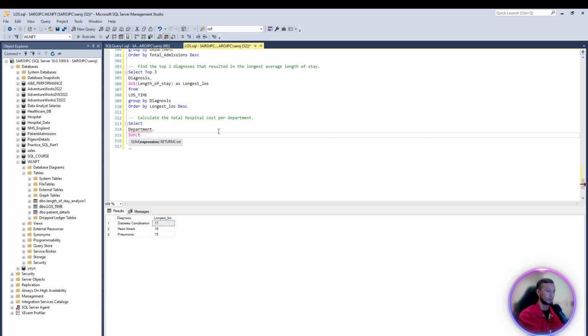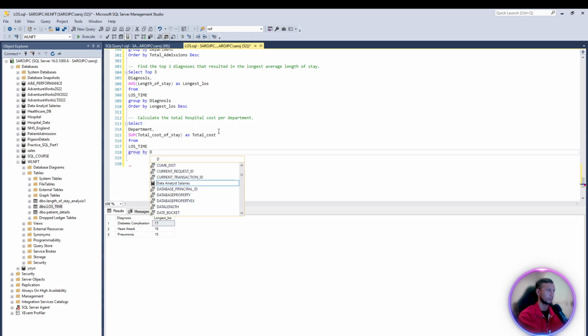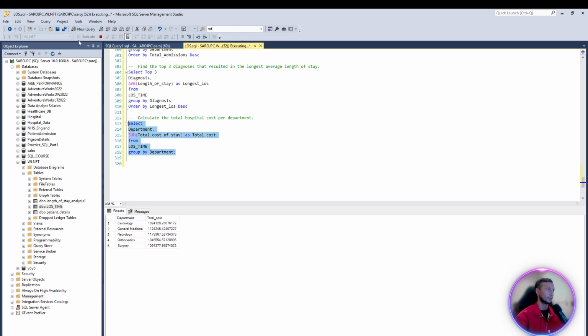Sum, then after total cost of stay, this is the column name, as total cost from, then after we have to use the group by department. Okay, let's run this query.